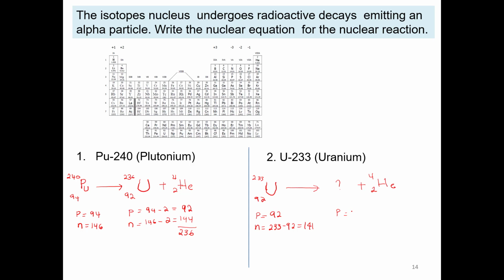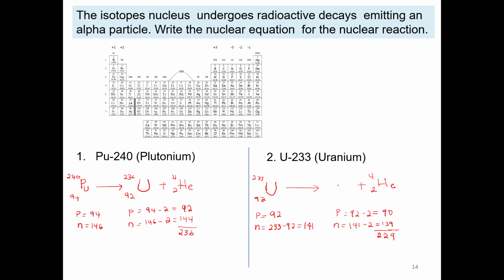Then we will have 92 minus 2, which is 90. And the number of neutrons will be 141 minus 2, which is 139. We add these together, and it will be 229.